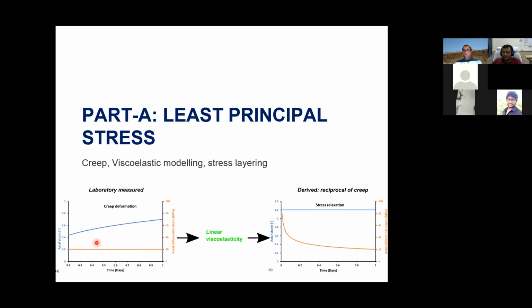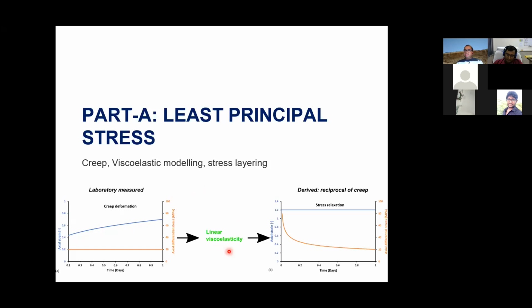But at the geological scale it happens over years, maybe a couple of years, 10 years. So from small-scale creep deformation, we can derive the viscoelastic behavior, or how this stress can be relaxed over time.